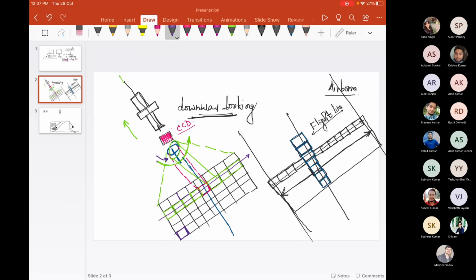After the movement, what happens? Let's say the flight moves forward by a distance delta d. So the second pixel will be this. Now the third pixel will be this.